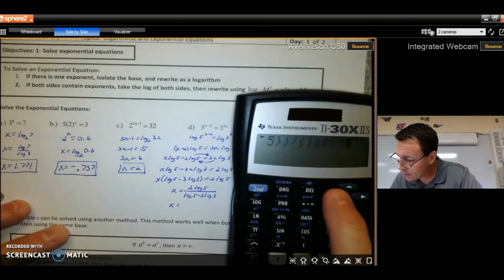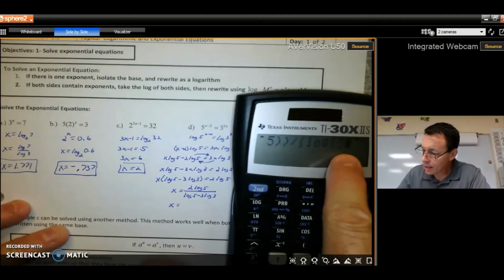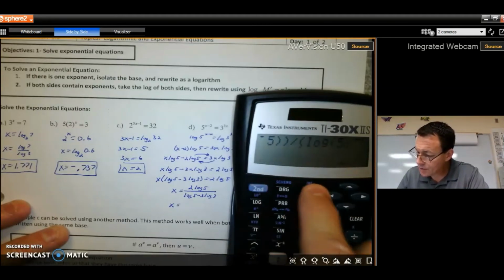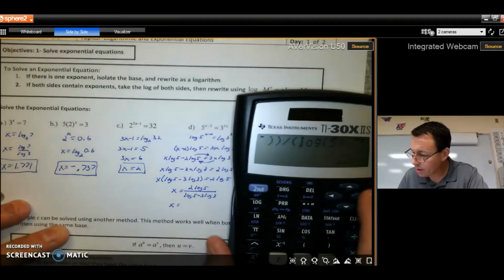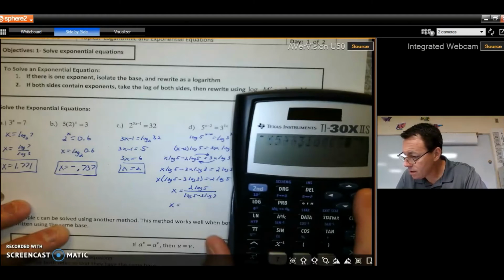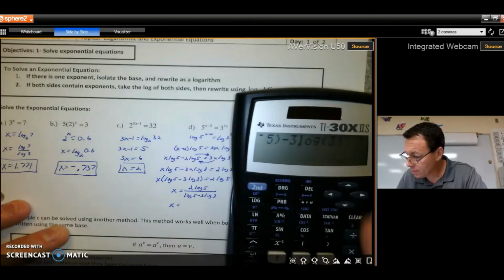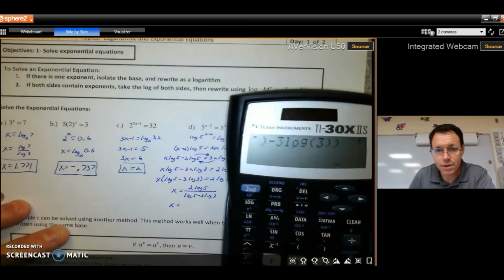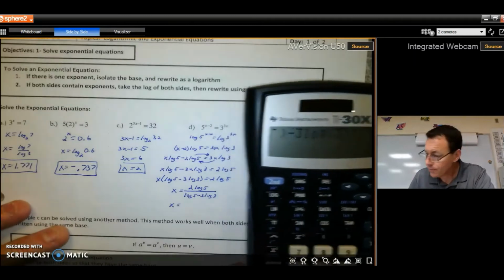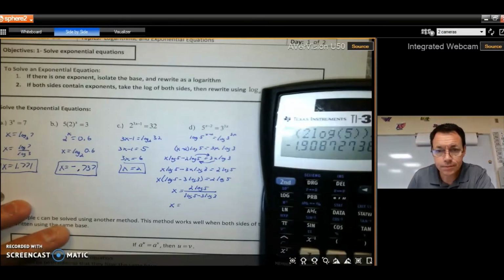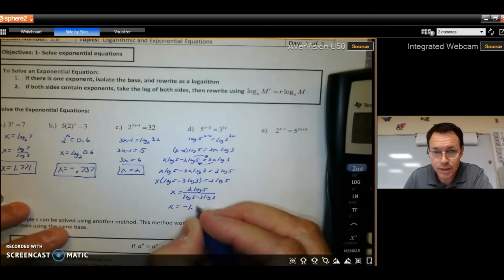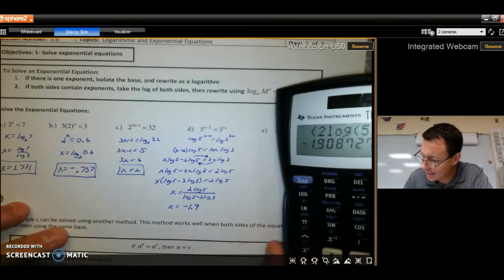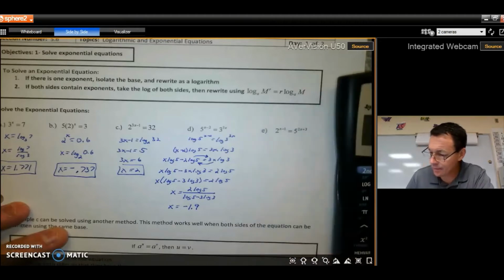Don't feel good about what I just did. Okay, I need a set of parentheses here. So I'm going to insert the parentheses. I need to close that log. This closed that log, but then I want to close my entire parentheses. That should be good. Okay, equals, and I get negative 1 point, what was it, 90, we'll say 9.